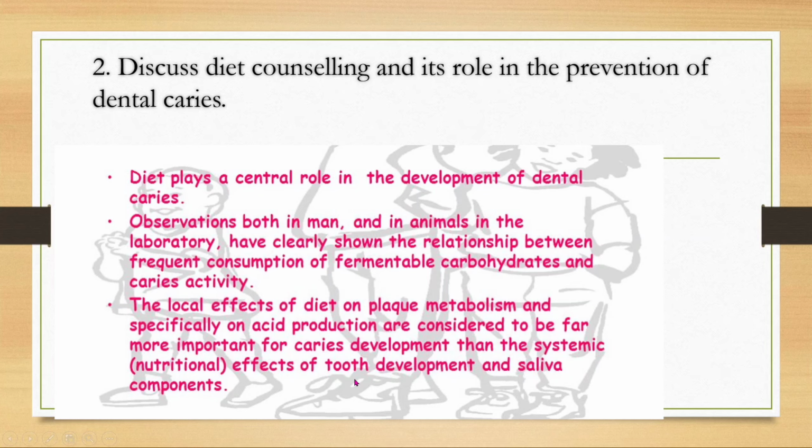So if we can modify the diet factor, we can control the caries. The local effects of diet on plaque metabolism and specifically on acid production are considered to be far more important for caries development than the systemic effect on tooth development and saliva components.